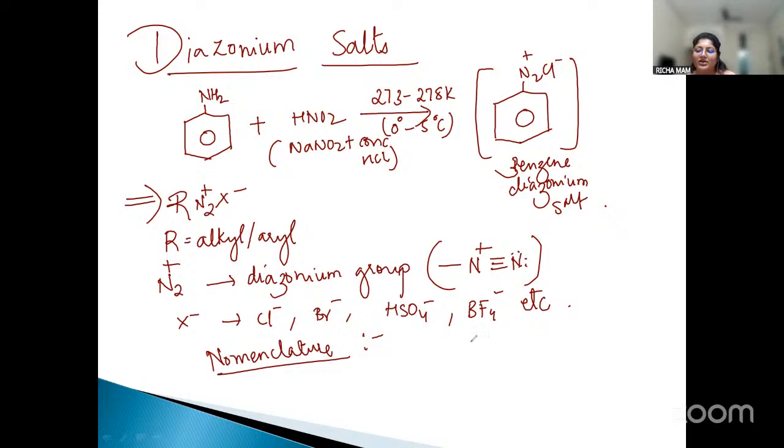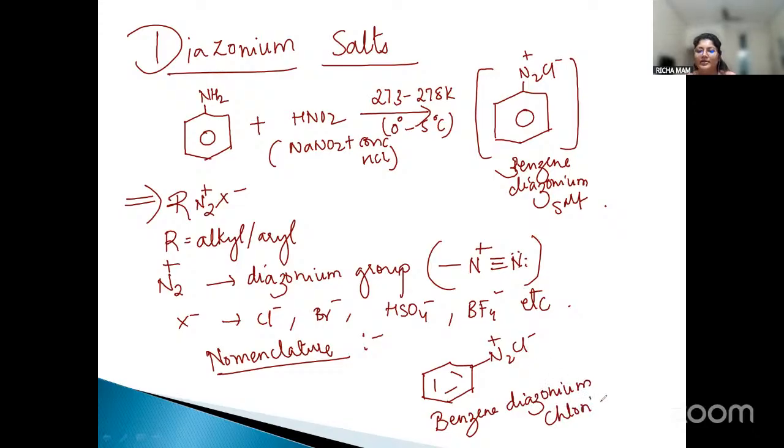Suppose it is like this, N2+ and Cl-. What will be the name? It is benzene diazonium, and the anion is chloride: benzene diazonium chloride. So this is one example.